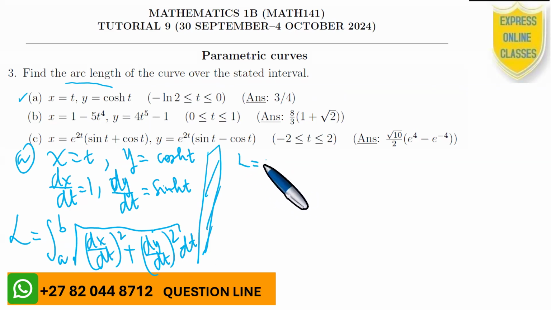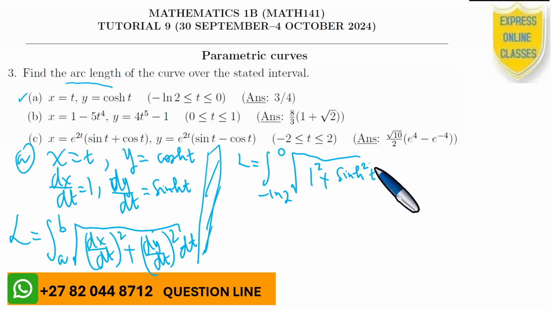That is the arc length. Here you integrate from negative ln 2 to 0. dx/dt becomes 1 squared, and dy/dt becomes the hyperbolic sine squared of t, dt.